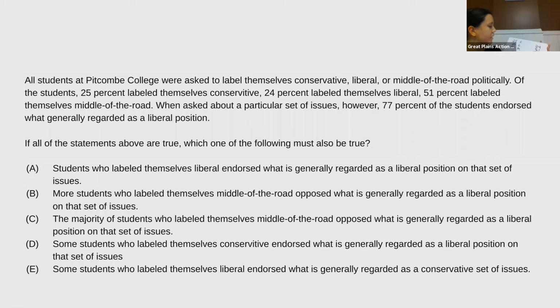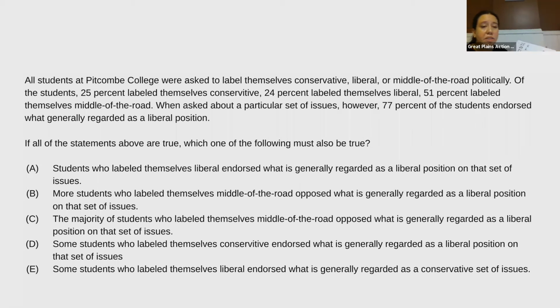If every liberal and every middle of the road endorsed the position, that still wouldn't be enough to account for the number that we have here. So it must be the case, given math, that at least some conservatives endorsed this position. That is what the math tells us.